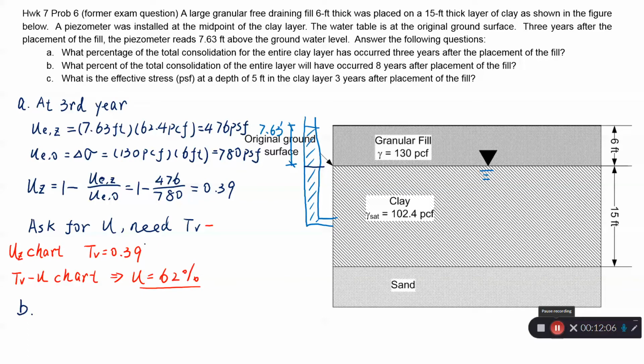So I already got T sub V, right? And then T sub V equals C sub V times T over HDR squared.